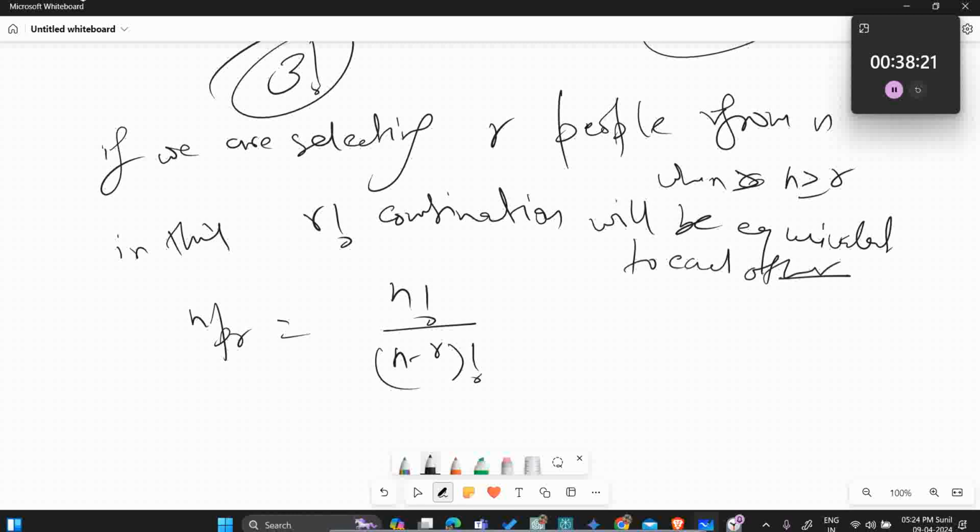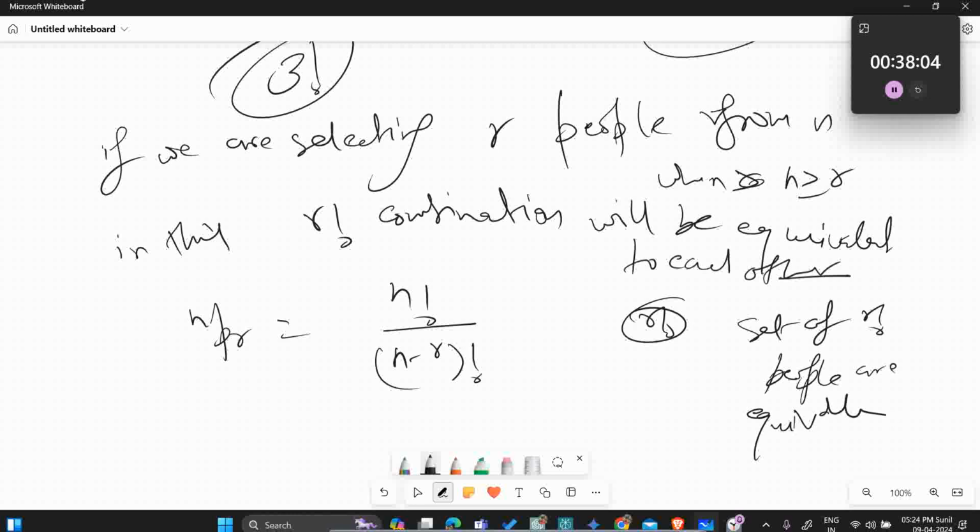But we have to divide by r factorial, because a set of r factorial arrangements are equivalent to each other.